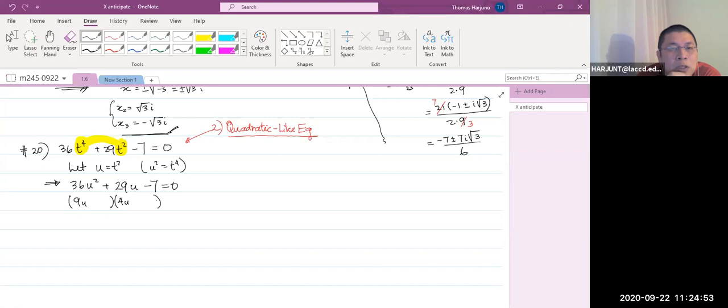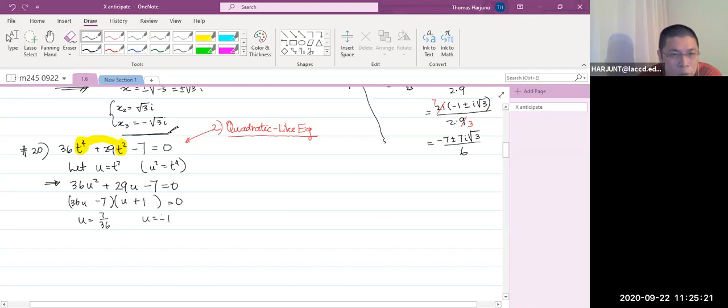Six and 6 will do. What am I doing? 36 and 1. 36u and u minus 7 plus 1 equals to 0. So u equals to 7 over 36, u equals to negative 1.